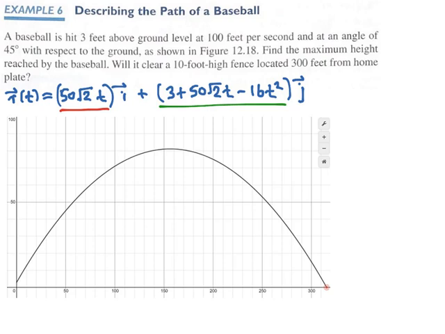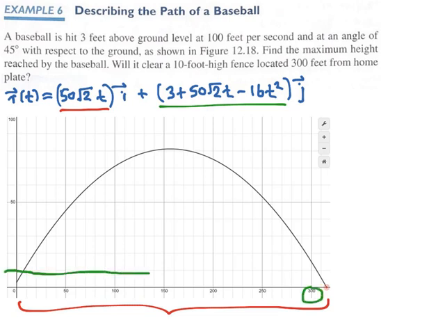And you can see from the graph that the baseball will travel a distance of about maybe 315 feet approximately before it hits the ground. And will it clear the 10-foot high fence that's 300 feet from home plate? Here's 300 feet from home plate. This is 10 feet above the field. And you can see that the ball will clear the 10-foot high fence 300 feet from home plate.